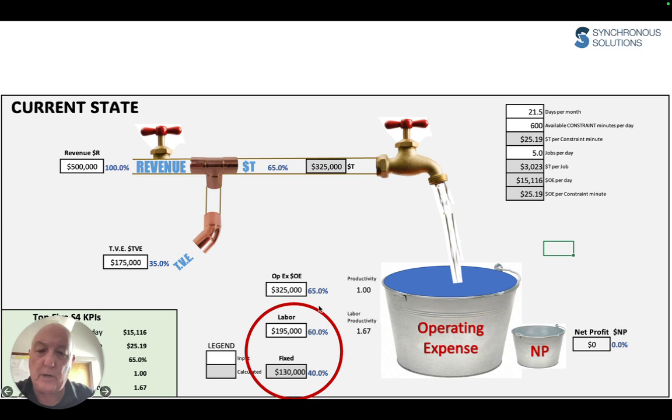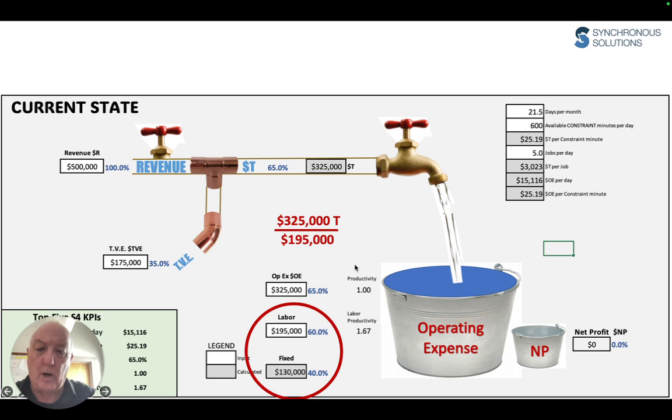The other piece we're going to look at is the breakdown between labor and fixed costs. Typically, labor is somewhere around 60%. To keep the math simple and the numbers nice and round, we'll have labor at 60%, which means of your operating expense, $195,000 a month is labor. When we look at labor, we're looking at everything that's associated with labor.